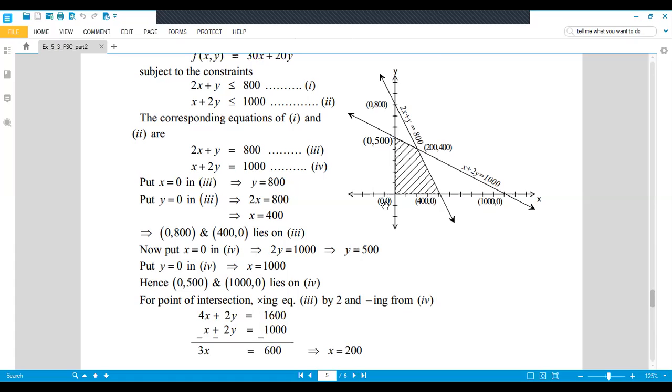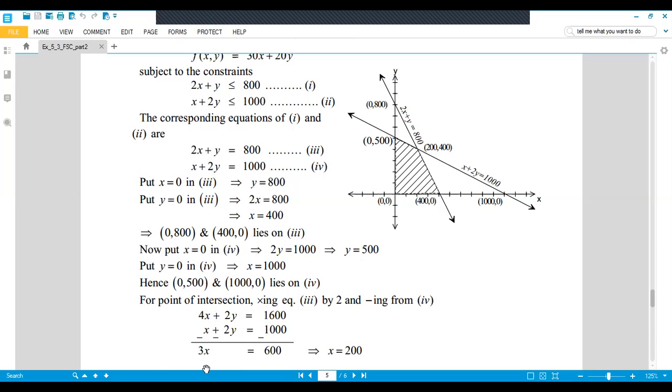Now the corner points are (0, 0), (400, 0), and the point of intersection, which we get by solving these two equations. For the point of intersection, multiply equation 3 by 2 and then subtract from 4. When you multiply 3 by 2, it will be 4x plus 2y equals 1600, and the fourth is x plus 2y equals 1000.